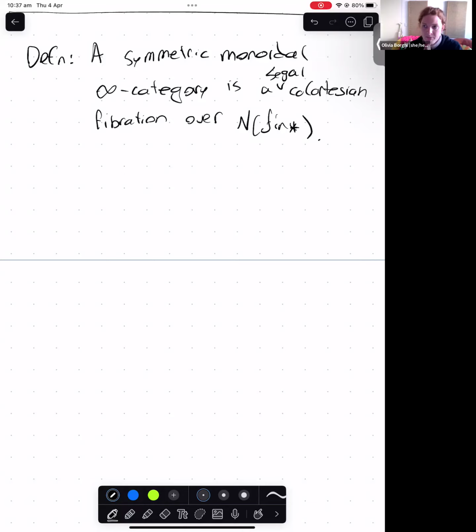So we want to come up with a generic version of this nerve of finite pointed sets, so that we can define a G-monoidal infinity category. I'm going to slowly build this action infinity operad, and then define a G-monoidal infinity category to be precisely a Segal coCartesian fibration over this thing.